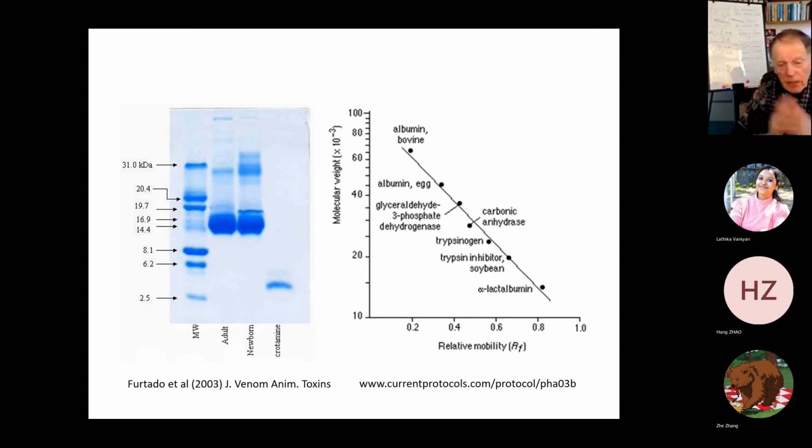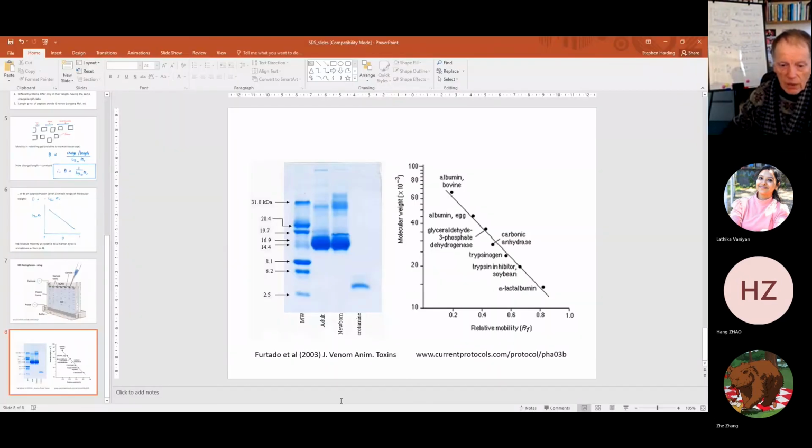And that can be a good thing, because if you use that in conjunction with a technique which gives the molecular weight of the intact protein molecule, like osmotic pressure or sedimentation equilibrium in the ultracentrifuge, you could use the two techniques together to work out the subunit composition of the protein molecule.